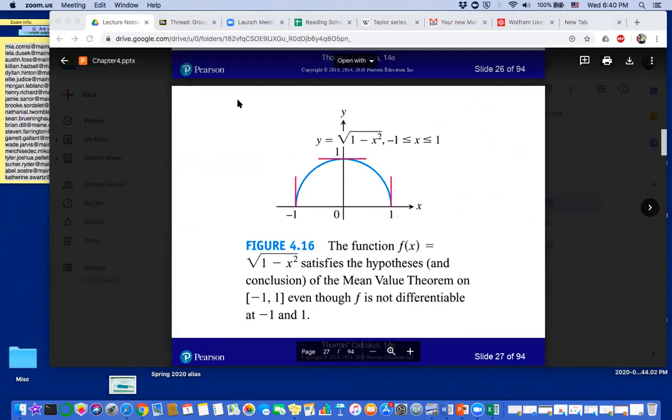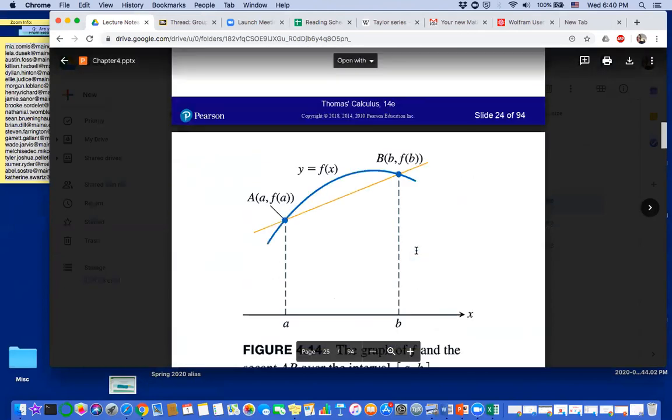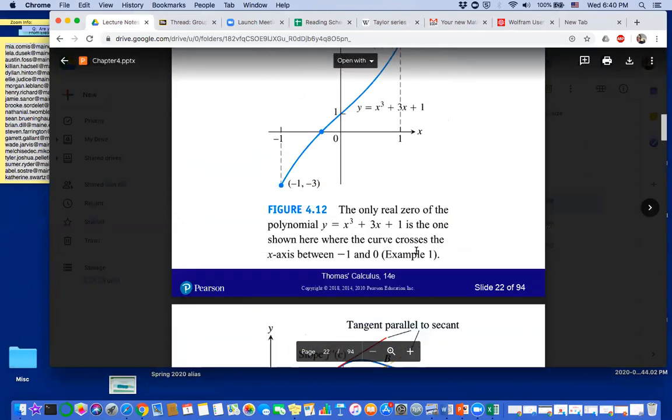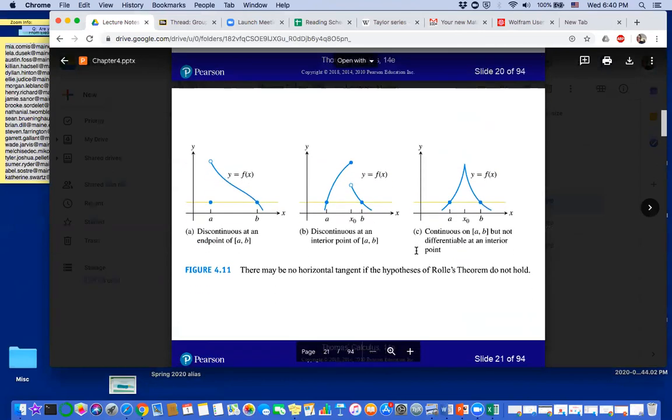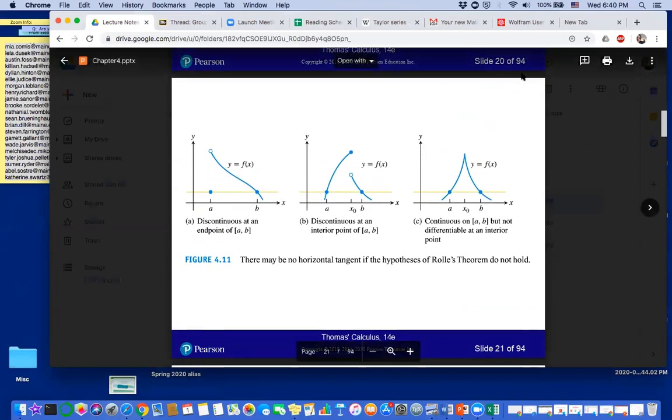I want to show you examples of when at least one of the conditions fails, and the conclusion is false.